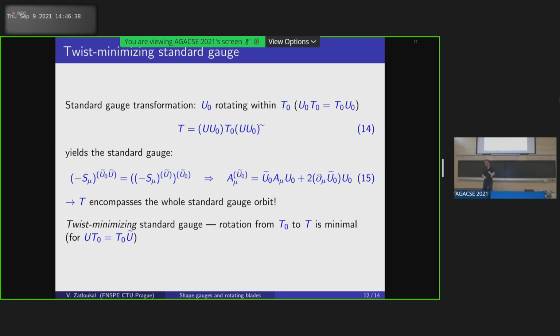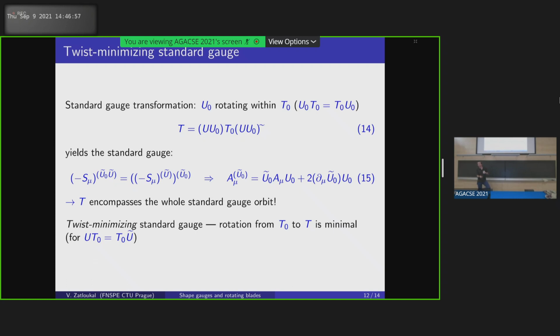And if we take this product to make our gauge transformation from the shape gauge to the standard gauge, what we get is another standard gauge. So this is gauge related to the standard gauge by standard gauge transformation U0.